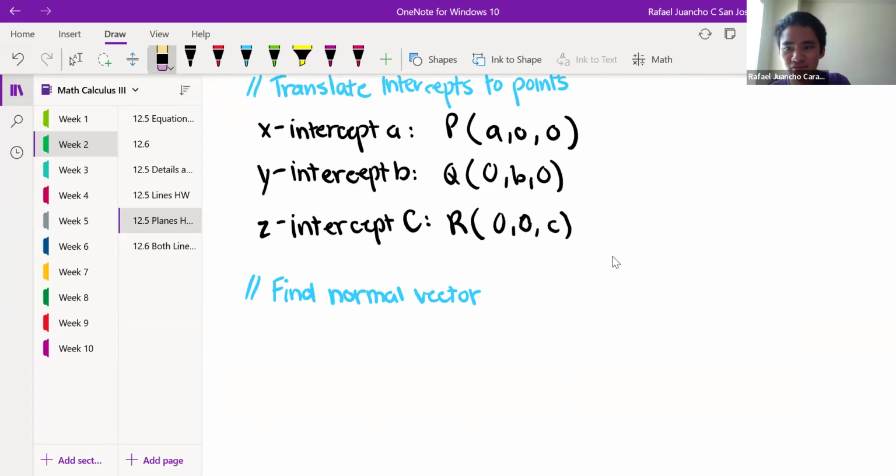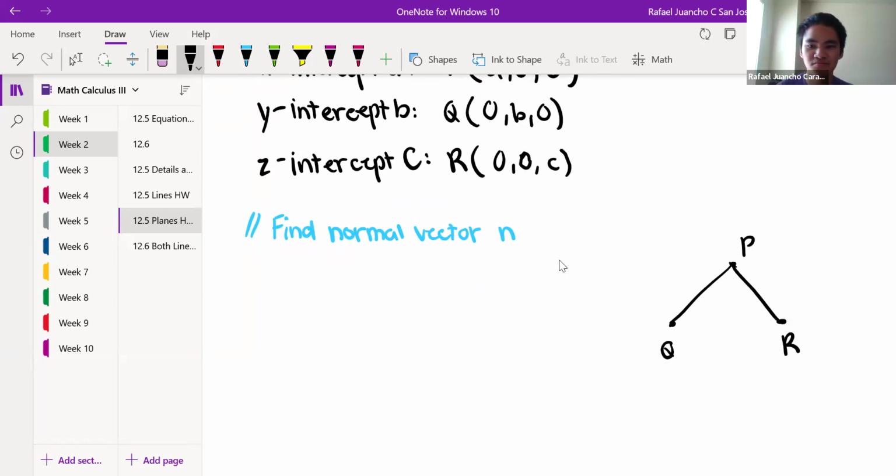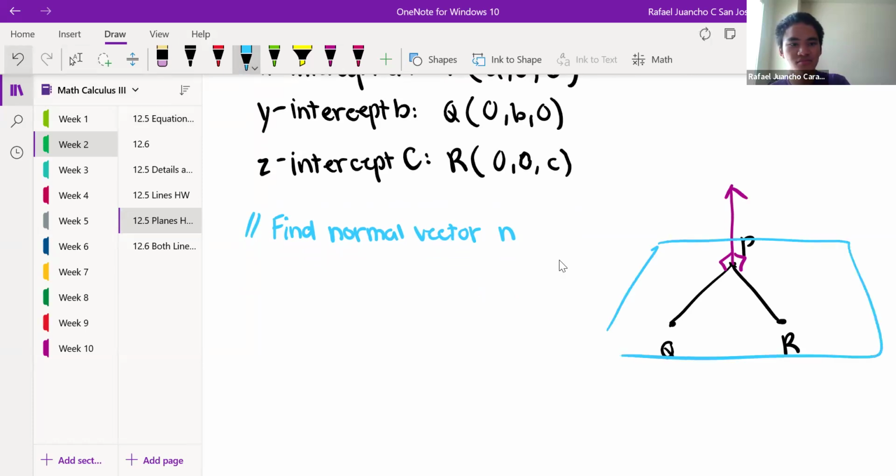They're constants. So let's say we have P here. This is not drawn to scale, by the way. We have Q, we have R. Those are some points. And then we want to find the normal vector. So it kind of goes up like that. And then this is our plane.